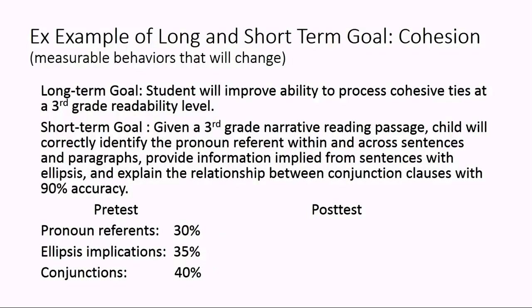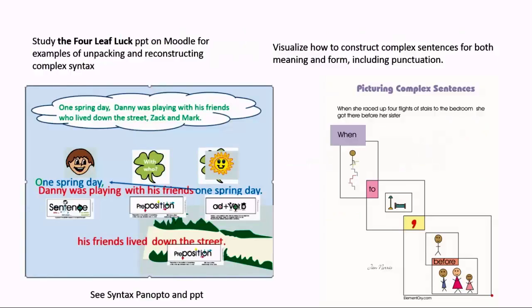The other one is basically taking the sentences from the readings that they're working on, and you use these little squares, and you just draw on a whiteboard the relationships between the ideas in the sentence.